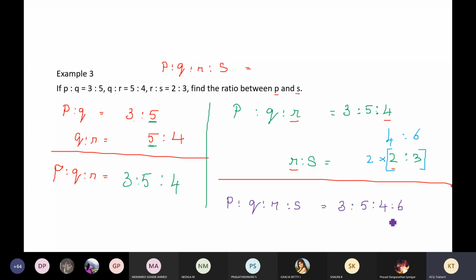Okay, now find out what is the ratio between P and S, because that's the actual question. So P is to S would be 3 is to 6, which is 1 is to 2. Are you guys clear with this one?